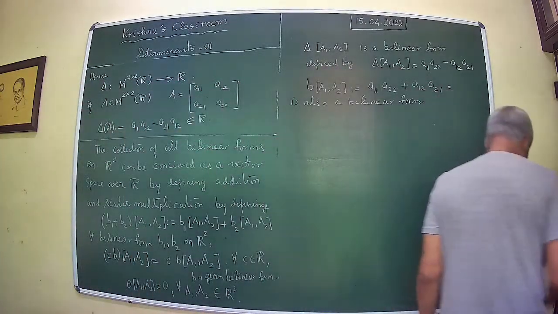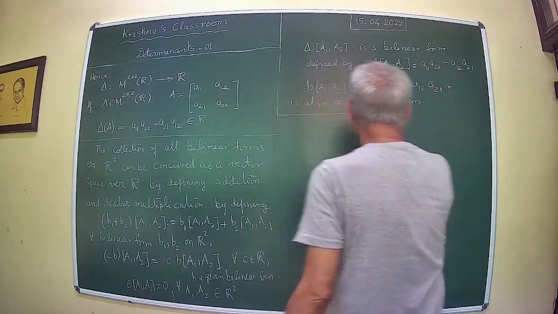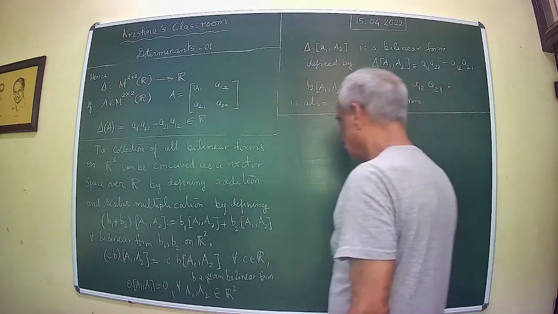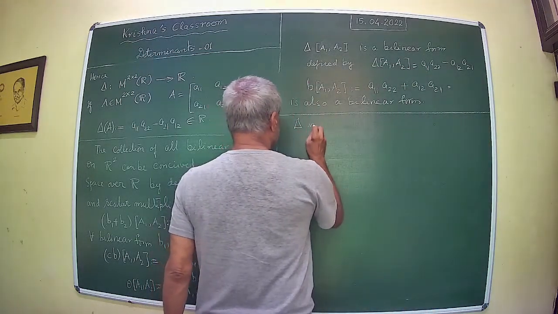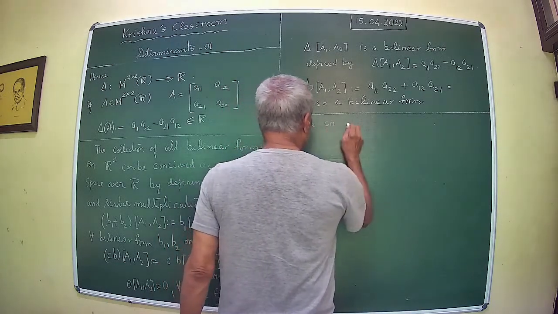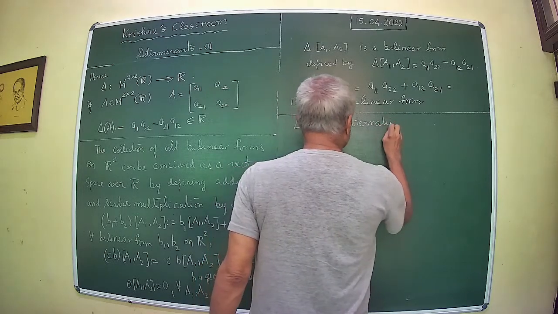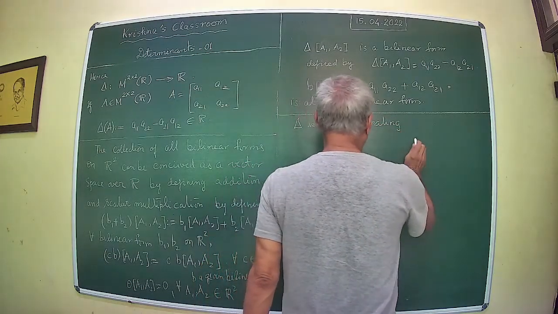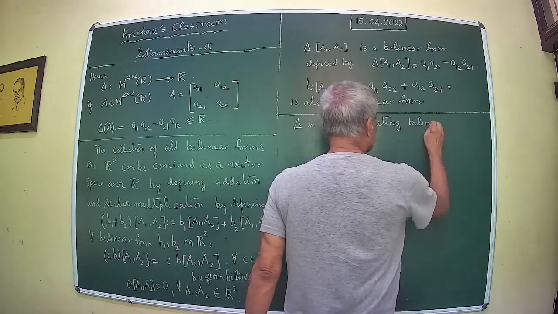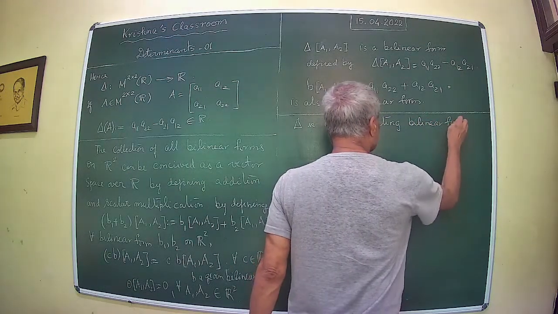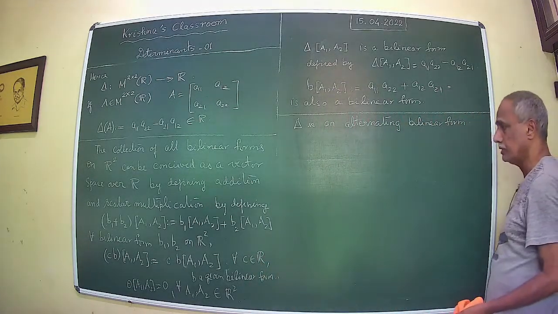You can construct more examples. But what we are interested in is this delta. Now delta is an alternating bilinear form.